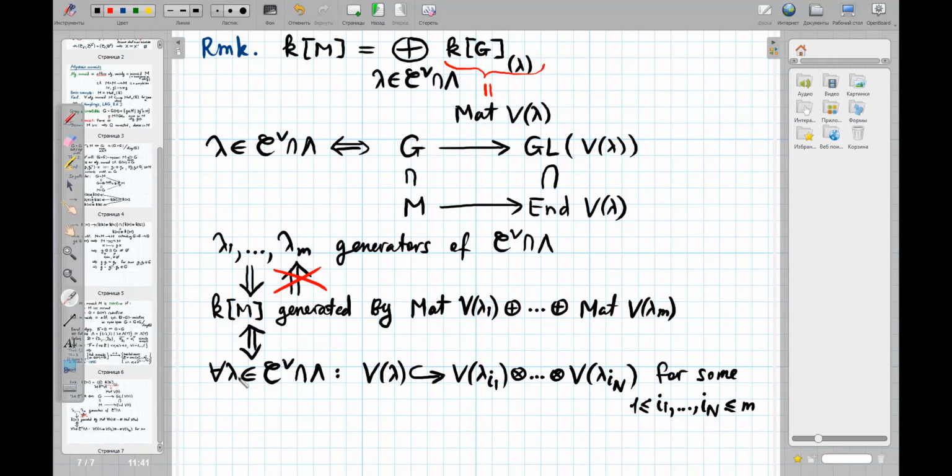This means that any space of matrix entries of this kind, with this highest weight, with this condition, can be embedded in the tensor product of some of these. So this is the same thing.